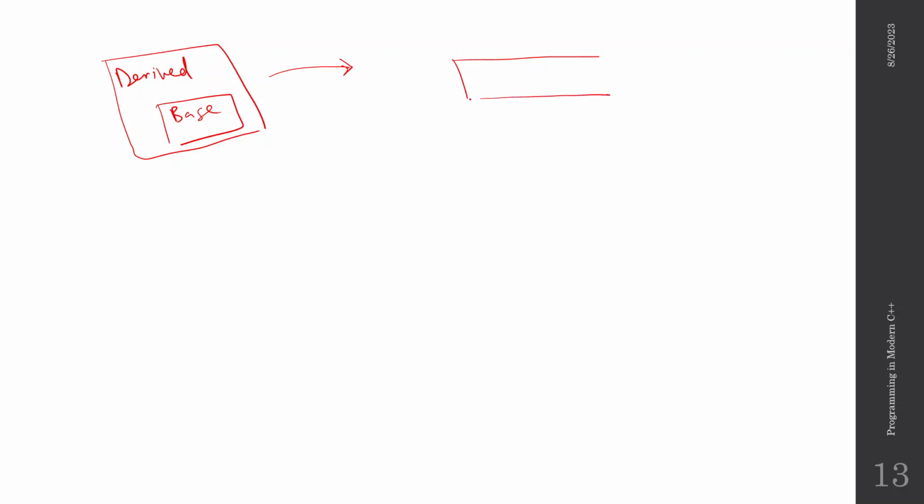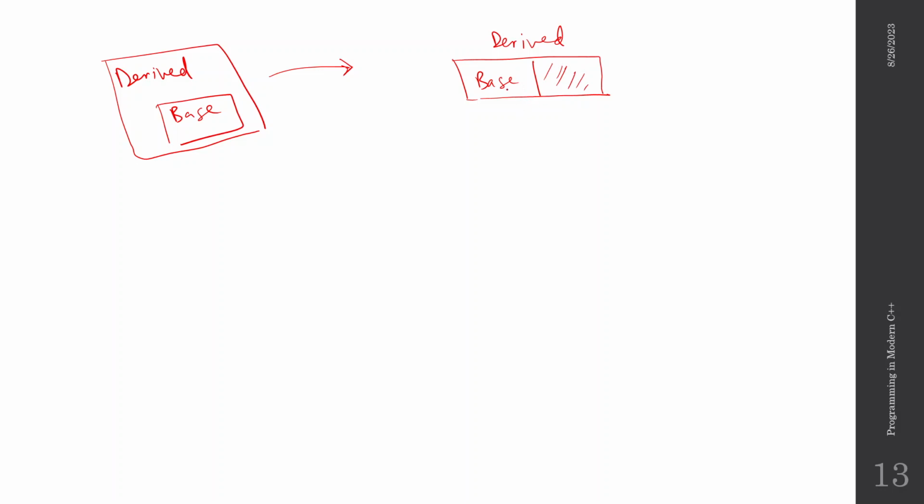The small base class is stored first, and then the extra data members are stored after that, and this whole thing becomes the derived class. Okay, so you have this base class in the beginning, and then you have the extra members here, and this together forms the derived class.